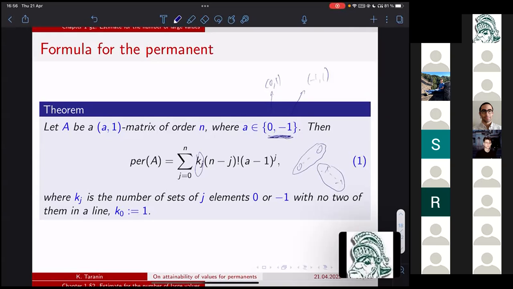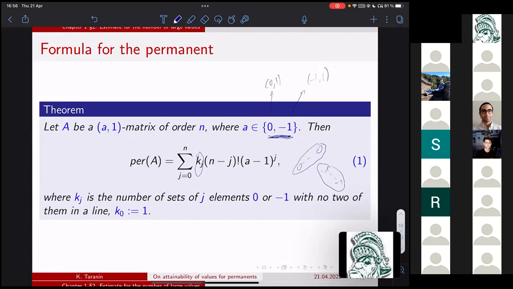For 0-1 matrices, this formula was proved by Brualdi, but for -1-1 matrices, I had to prove it myself.